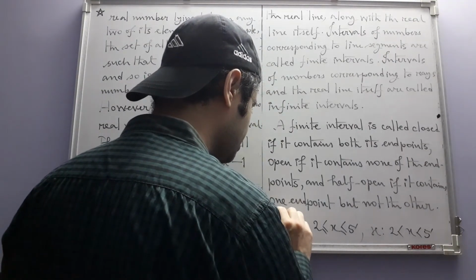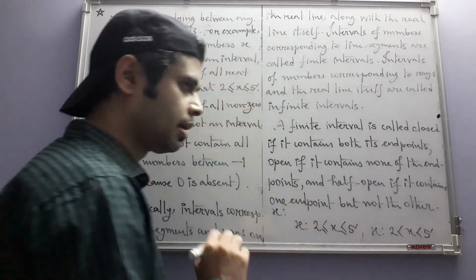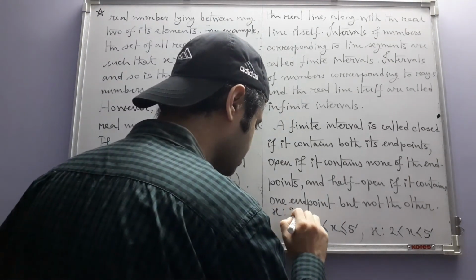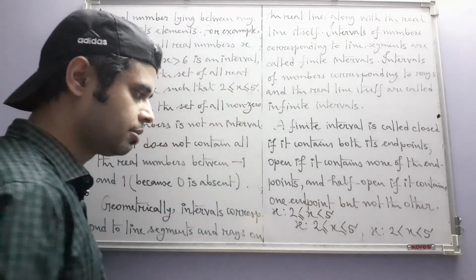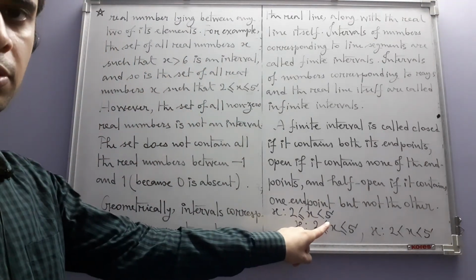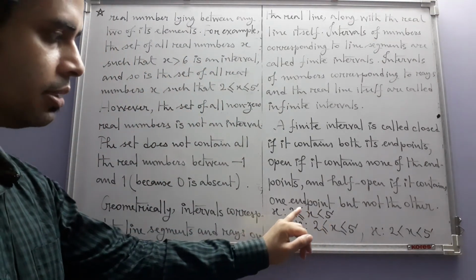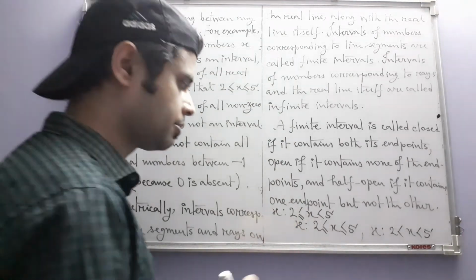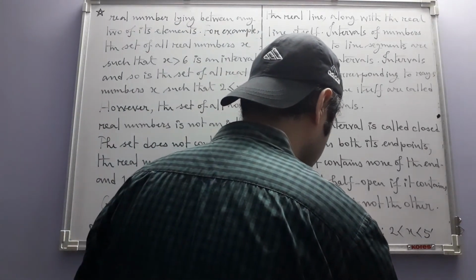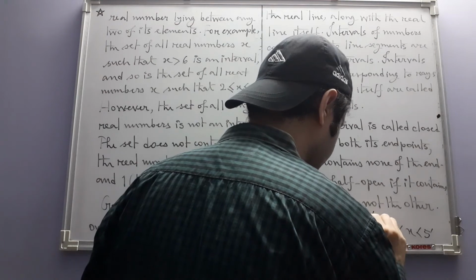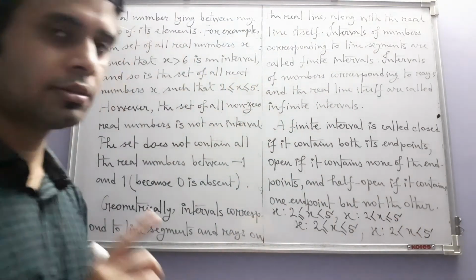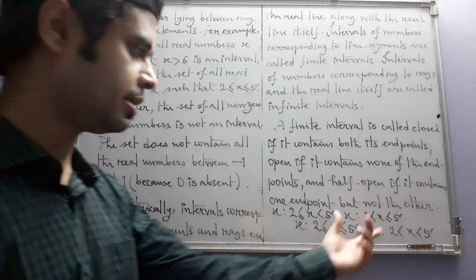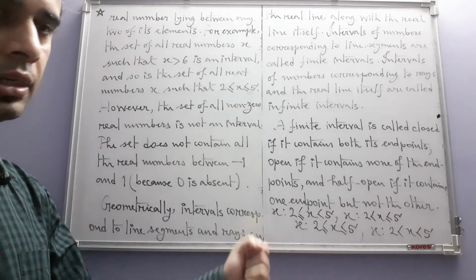The other two possibilities give us half open intervals. This interval, for example, contains 2 but it does not contain 5, so it is half open. It contains exactly one endpoint and not the other. Just like that, this interval contains 5 but not 2, so that is also a half open interval.